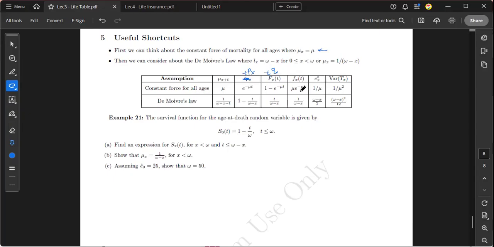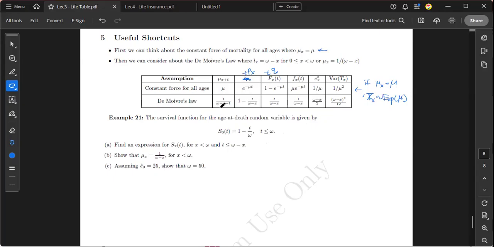When it is constant, it's 1 over mu. When it's uniform, it's omega minus x over 2. And when it comes to variance, it's 1 over mu x squared, and this shows that if mu x is mu, then the future lifetime random variable follows an exponential distribution with mean 1 over mu.